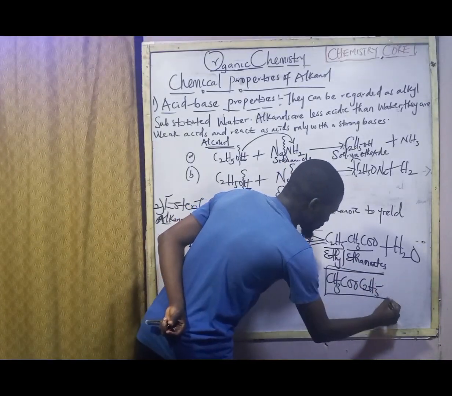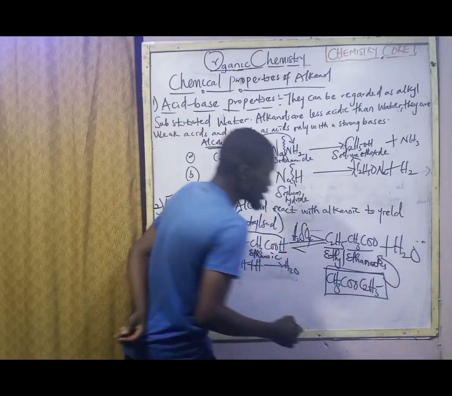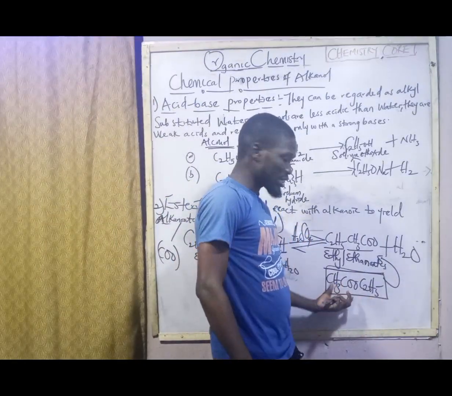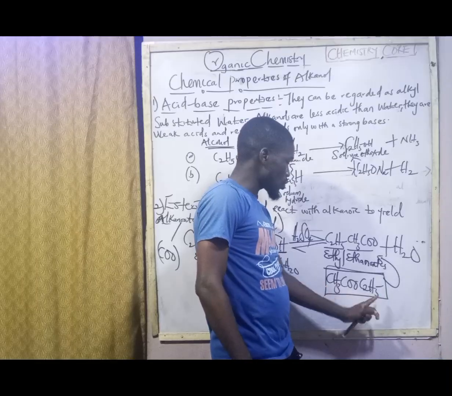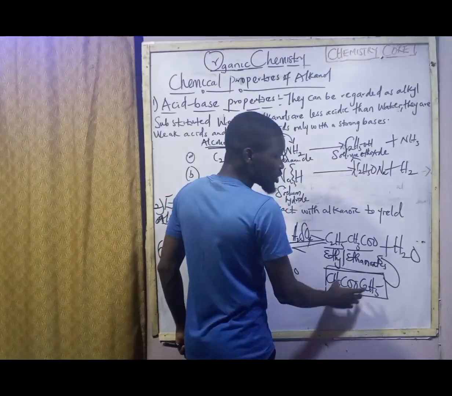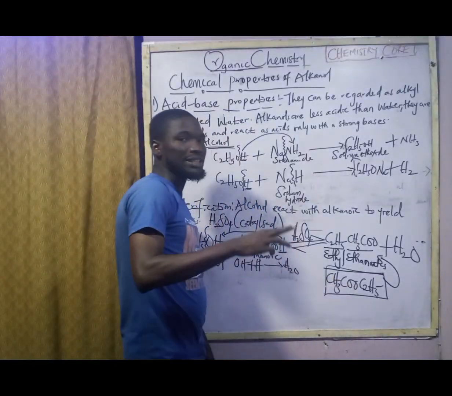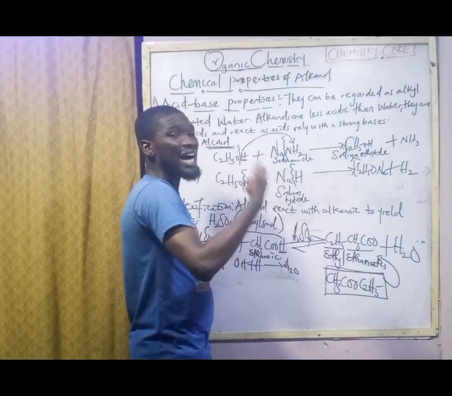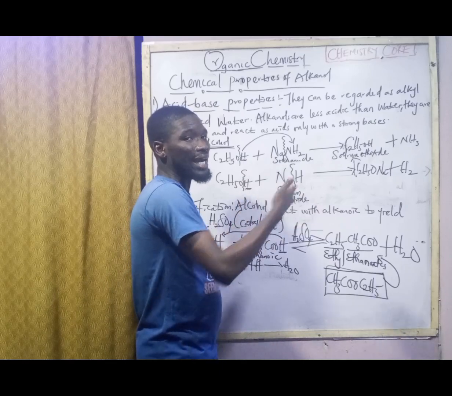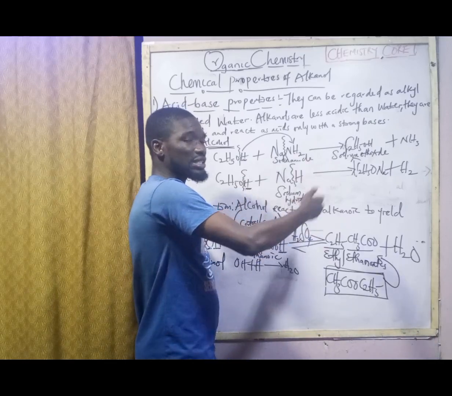So this is the best form to write your reaction between alcohol and alkanoic acid that will give us alkanoate at the product side.